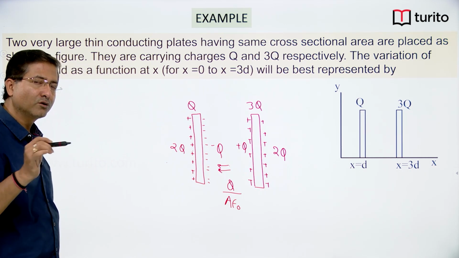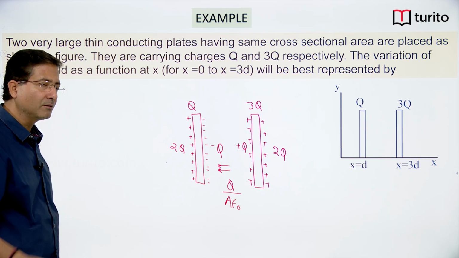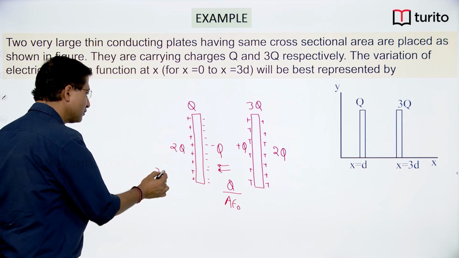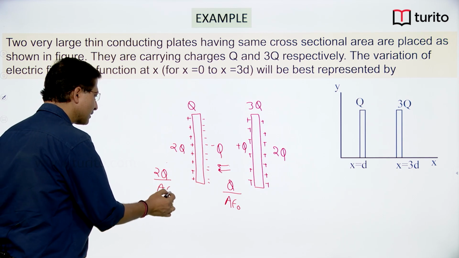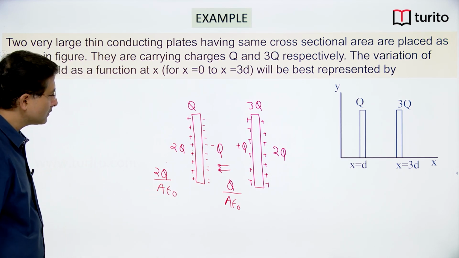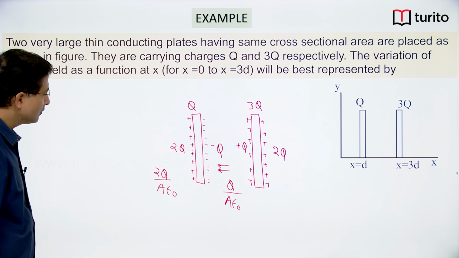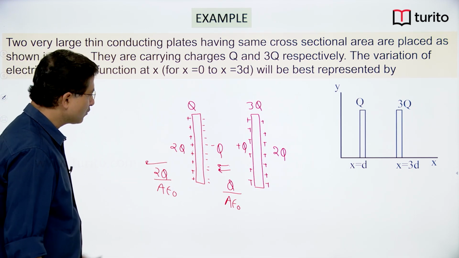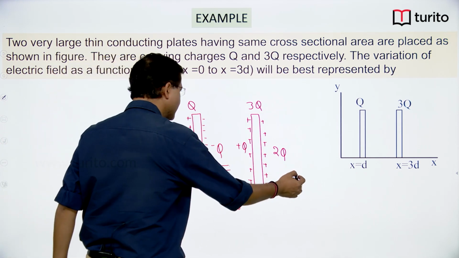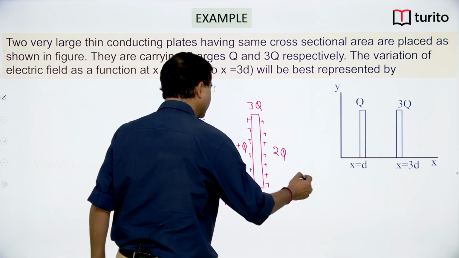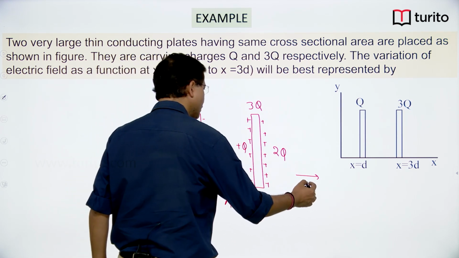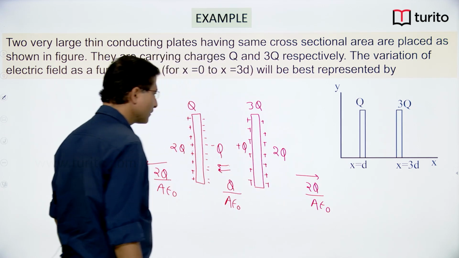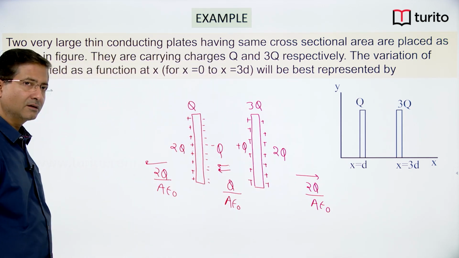So it will be 4q upon 2 epsilon naught, that will make it 2q upon A epsilon naught. So here the field will be 2q upon A epsilon naught, right, in this direction, and whatever is happening on this side, the same will happen on this side, right. So the magnitude of the field here will be 2q divided by A epsilon naught, right. Now let us draw the pattern, then it will be more clear.